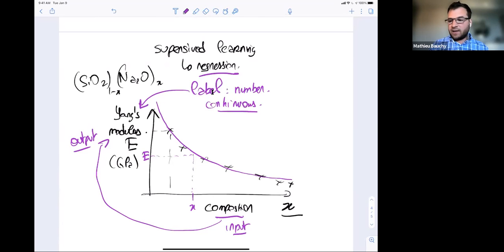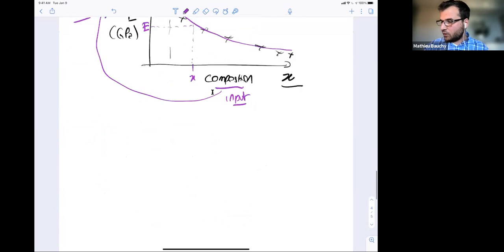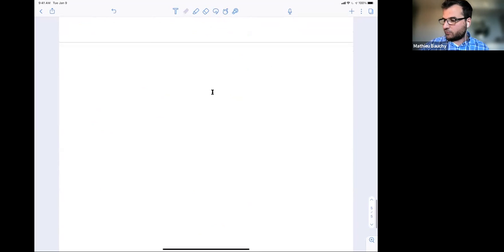Okay, so now let's talk about some algorithms on how to do that. I'm going to go back to the case of clustering, and a simple algorithm that you can use to do clustering.